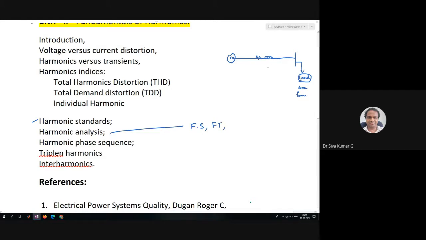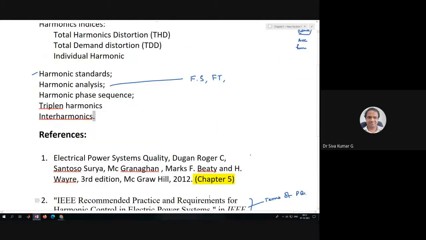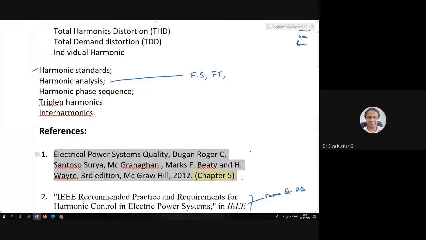Apart from that, there is nothing more to discuss with respect to interharmonics related to the fundamentals of harmonics. If I get any more content regarding interharmonics, I will definitely discuss it with you, or else please go through the textbook. I have shared this content with all of you, please go through that.